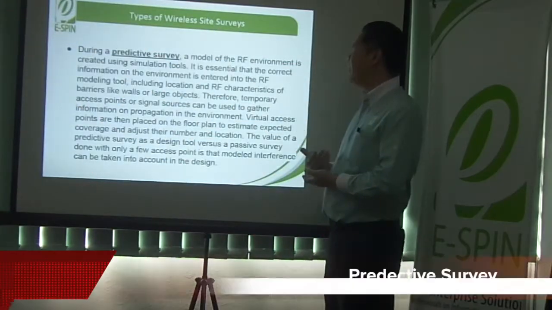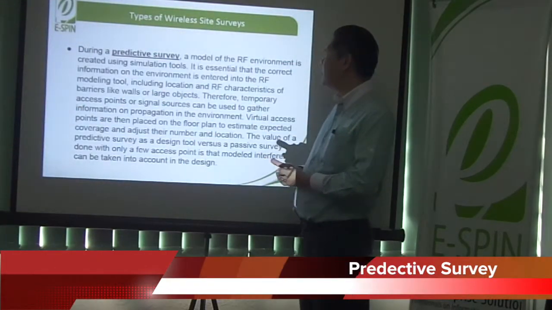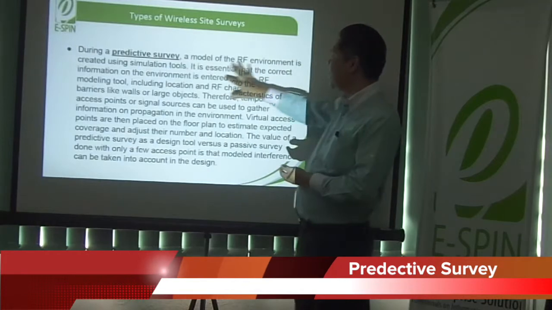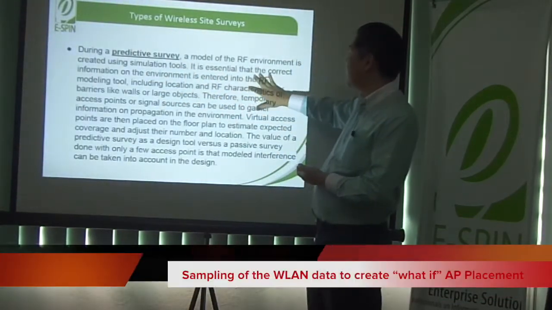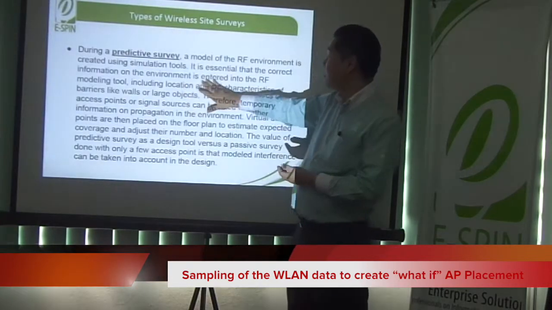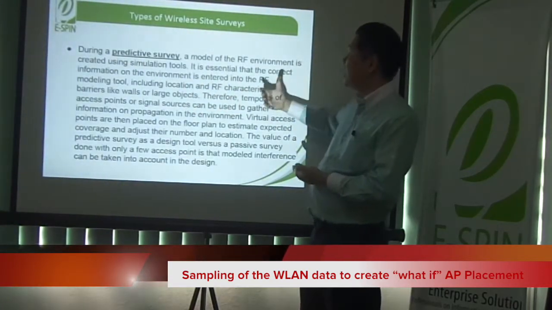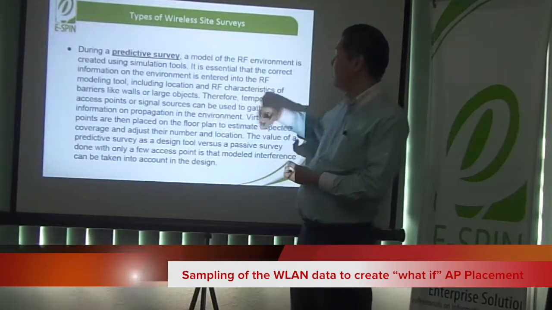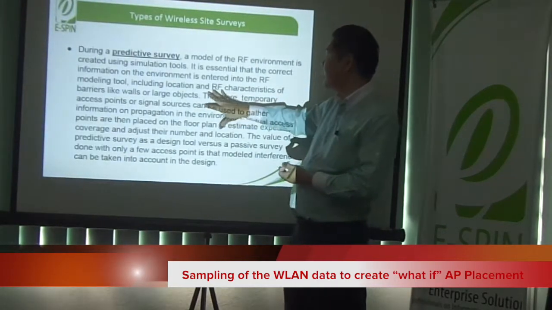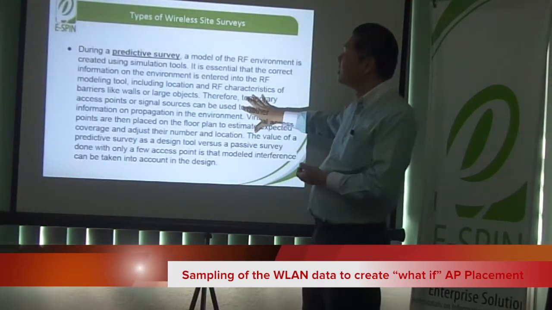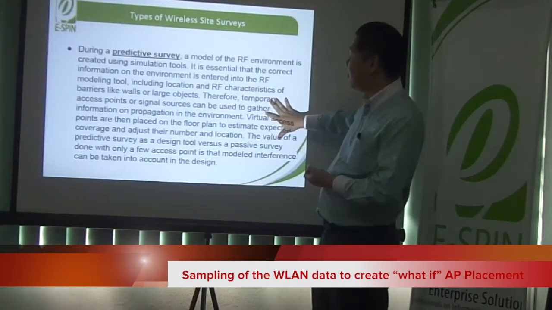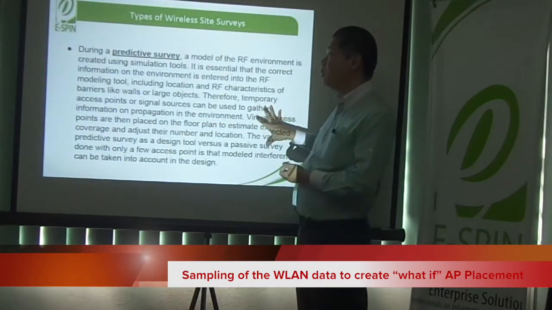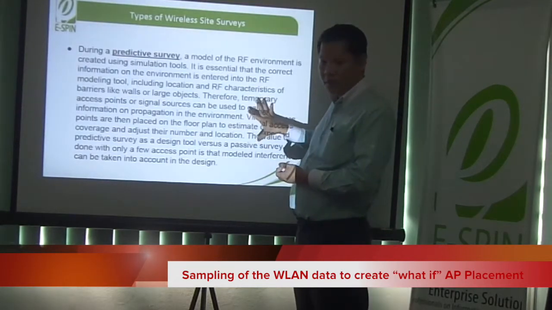For the predictive survey, we model the radio frequency environment and create a simulation. So it is essential that the correct information of the environment is entered into the modeling tool, including the location and radio frequency characteristics. So usually even when we use this type of method, we will still walk your site first, right?